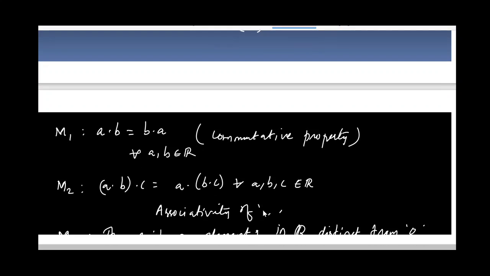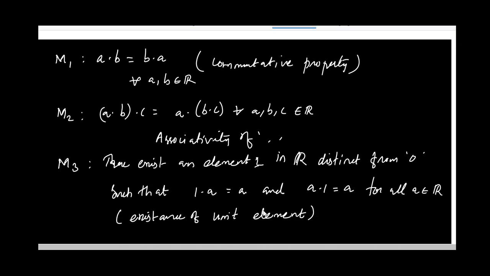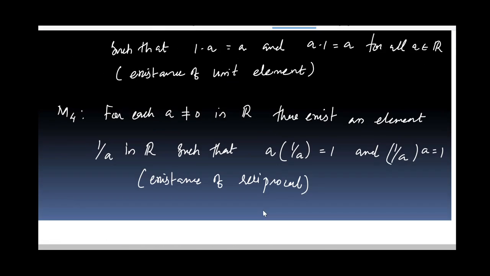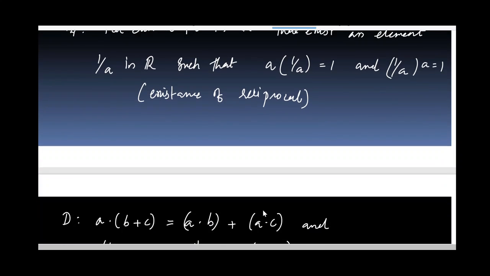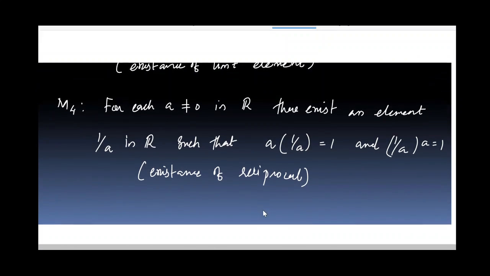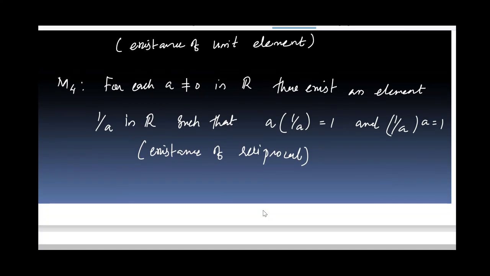What about M1? M1 is the commutative property of multiplication. M2 again associativity. M3 existence of unit element, and M4 existence of reciprocals. So these four together imply that it is an abelian group with respect to multiplication whenever you are taking the non-zero elements.